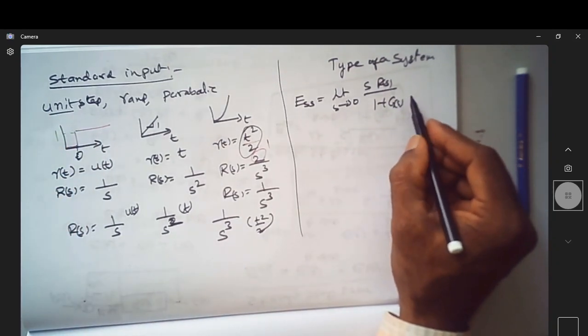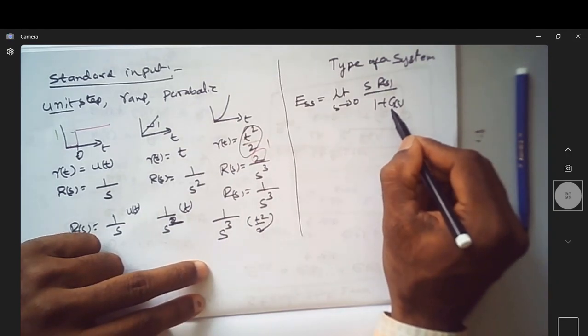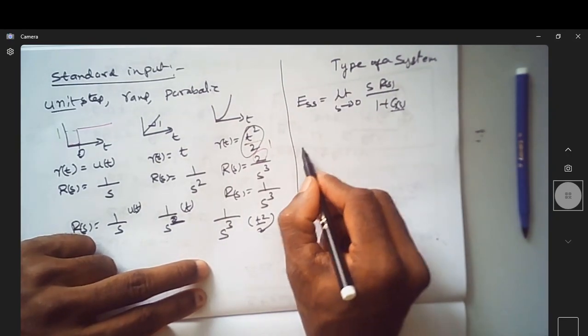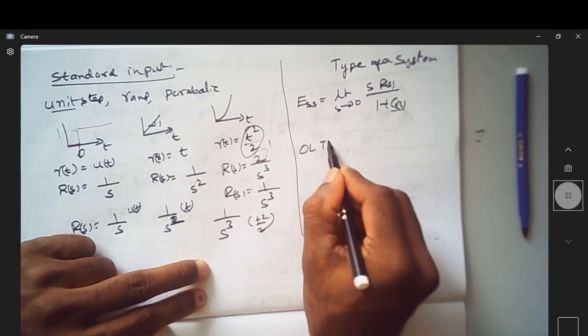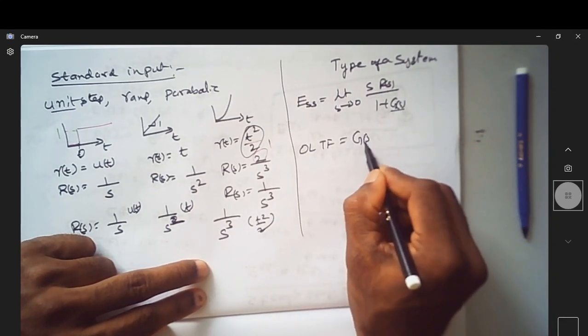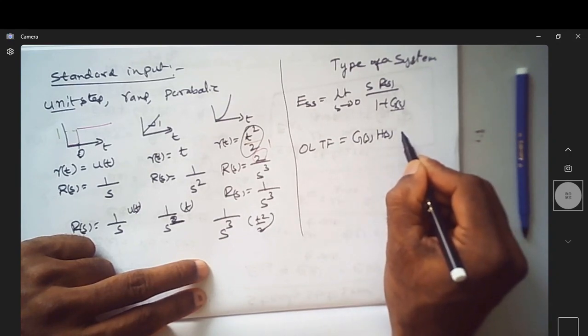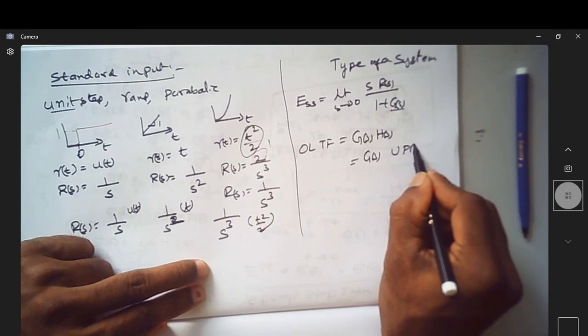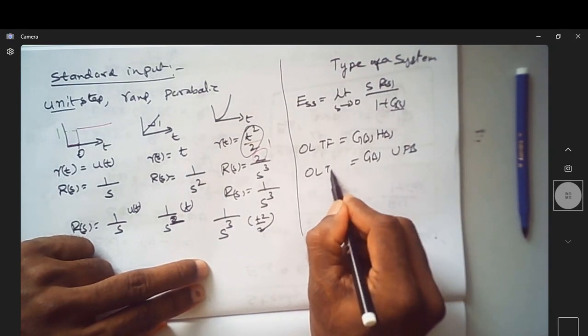Of course, H(s) is equal to 1. So you are talking about G(s), which is nothing but the open loop transfer function, G(s) into H(s), and it is equal to G(s) for a unity feedback system. This is the open loop transfer function.